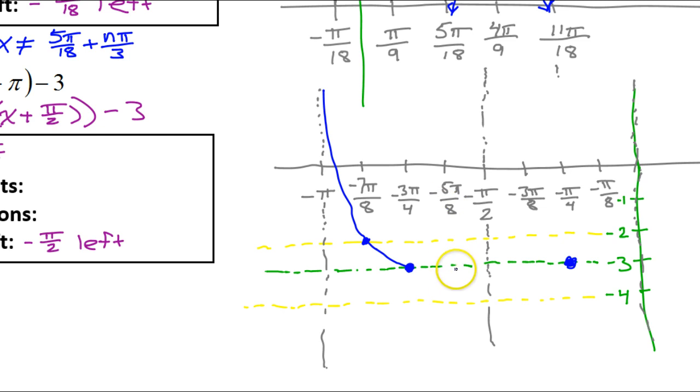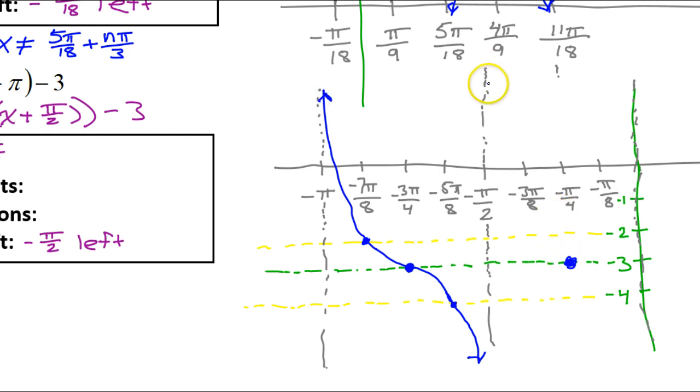Same thing on the right hand side. Halfway over, it has to be at the A value below the midline. So as it continues to fall, I'm going to make sure that I hit that point as it's falling. And it'll be the same thing on the right hand side.